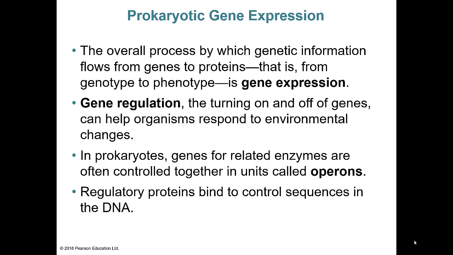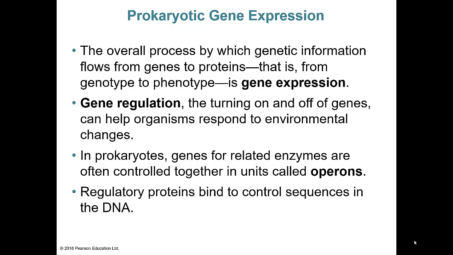In prokaryotic cells, genes are organized in units that typically are responsible for controlling related mechanisms. For instance, if you're getting ready to break down a particular sugar, let's just say that we need to get the sugar inside the cell, and there's a protein that does that. And then let's say we need to break this disaccharide into two monosaccharides, and there's an enzyme for that.